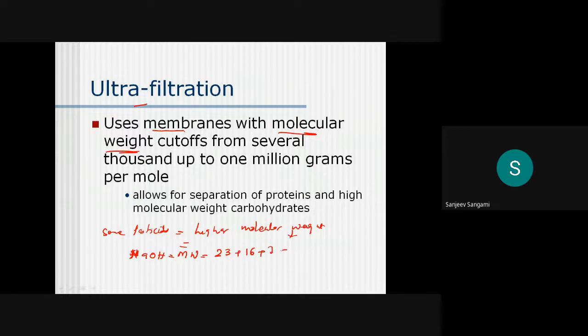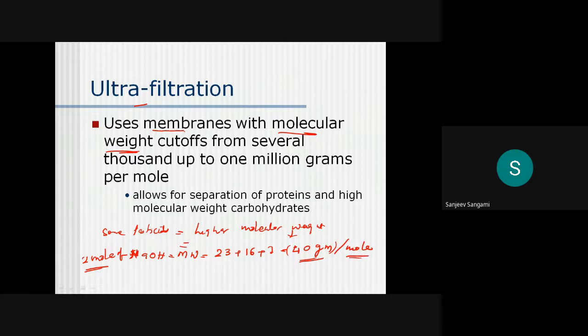So the total is 40 grams. If I am considering 1 mole of NaOH, the molecular weight is always 40 grams per mole.